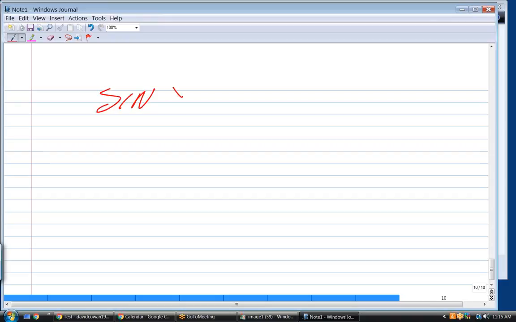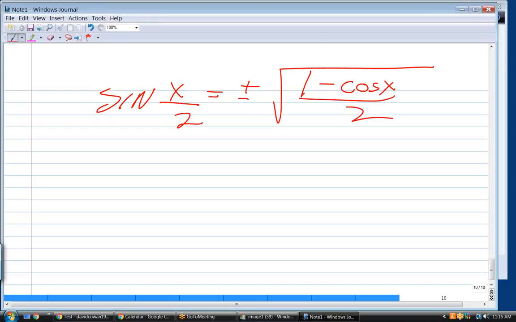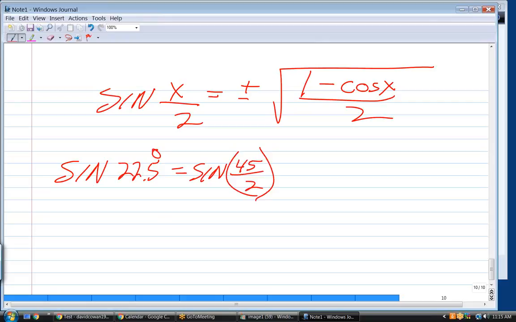The sine of x over 2, which is a half angle identity, is plus or minus the square root of 1 minus cosine x over 2. So if you wanted to find the sine of 22.5 degrees without a calculator, that's the same as the sine of 45 degrees divided by 2, correct?